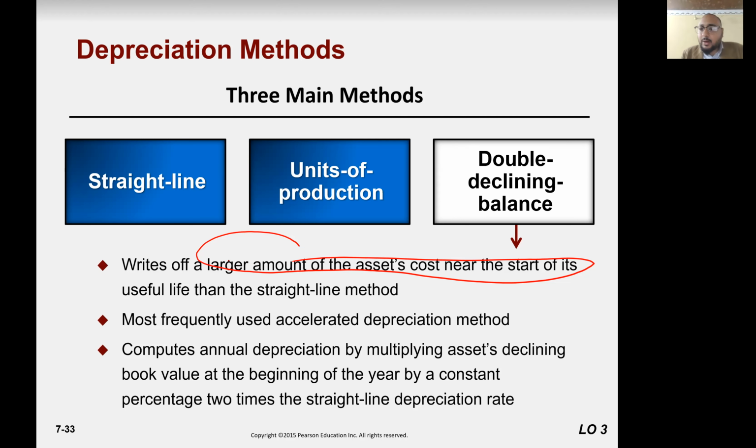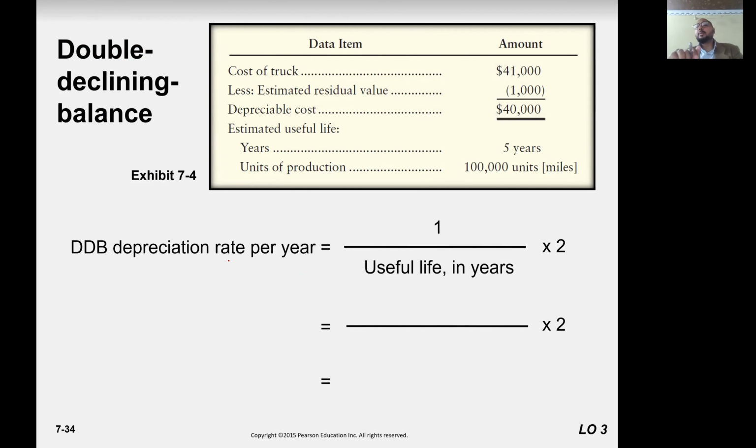All right. So let's just talk about this and then we discuss that. So remember, the straight line method is how we find the percentage of the straight line method. Simple, 1 over 5, whereas the double declining method is 2 times the straight line ratio.